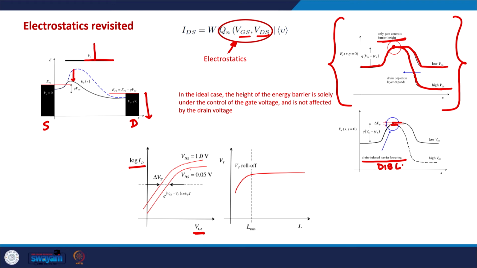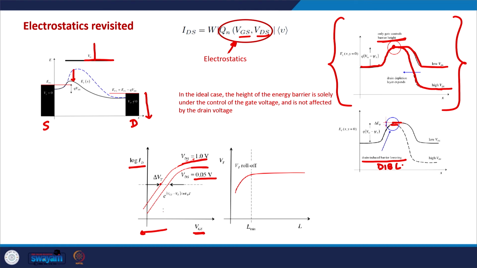So, this is the plot for VDS equals 0.05 volts, a small VDS, and this is the plot for high VDS, 1 volt. And as you can see, as the VDS is becoming higher, this ID versus VG plot is shifting to the left side, which means that the threshold voltage is now lowering.